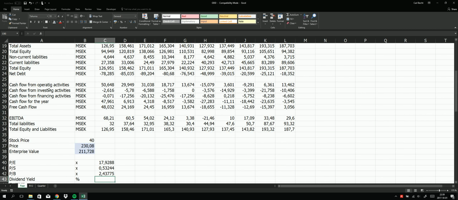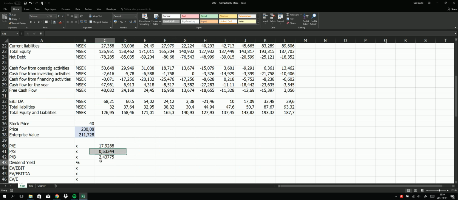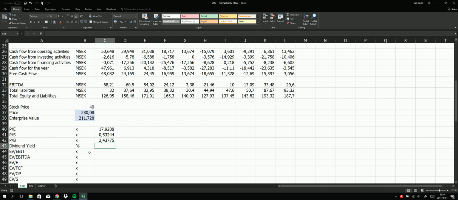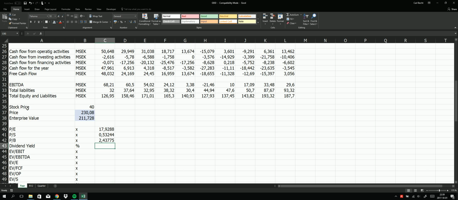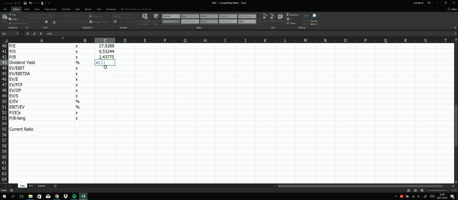Dividend yield, that is something we haven't touched upon. I think this is calculated per share, dividend per share. Or is it? No, it's probably not. It's probably in millions. If it were per share, you could just compare it to the stock price. But since it's an absolute value, and not adjusted or anything, we need to use the price.